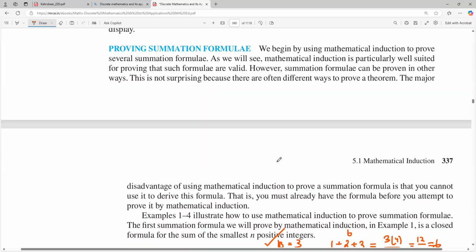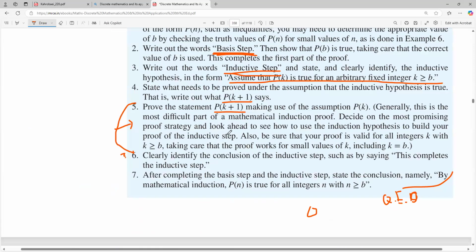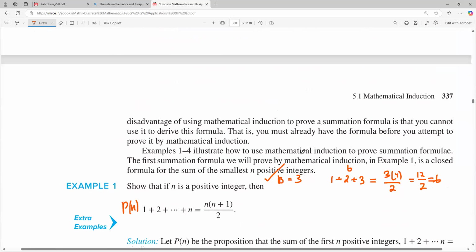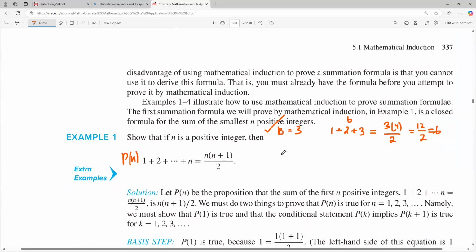So this is where you would write out this part right here. Base case: prove P of 3 is true, yada, yada, yada. Boom. That's a few points right there. Now the inductive hypothesis.